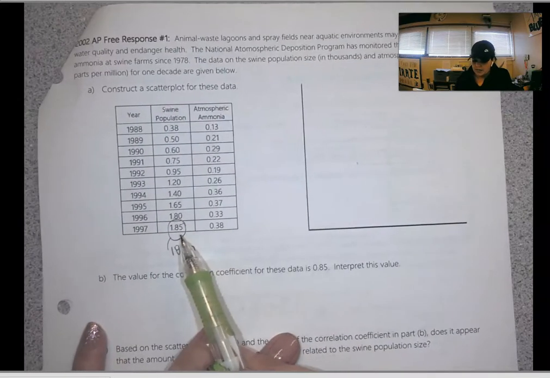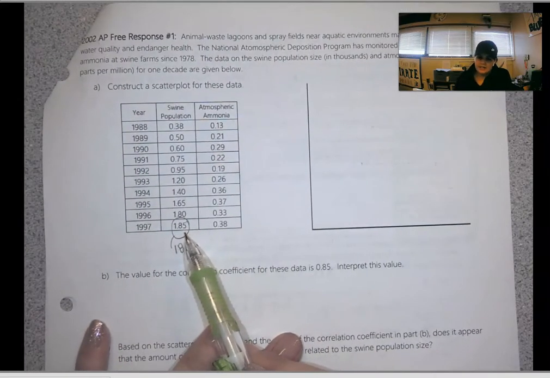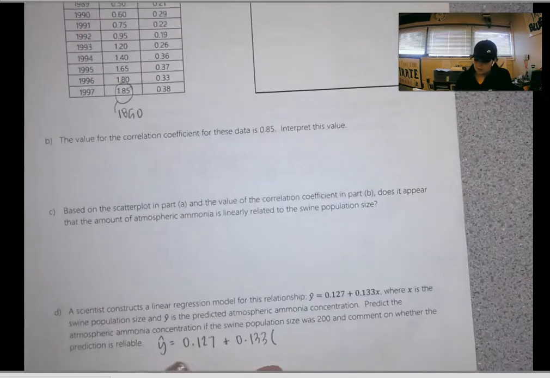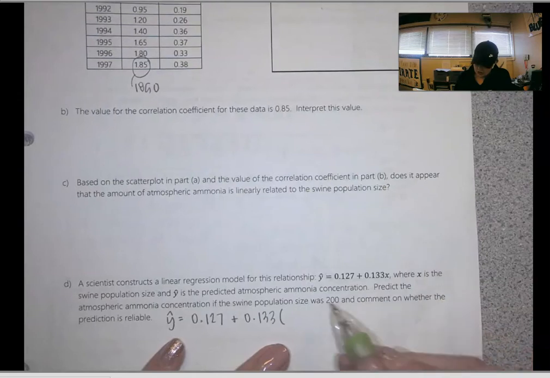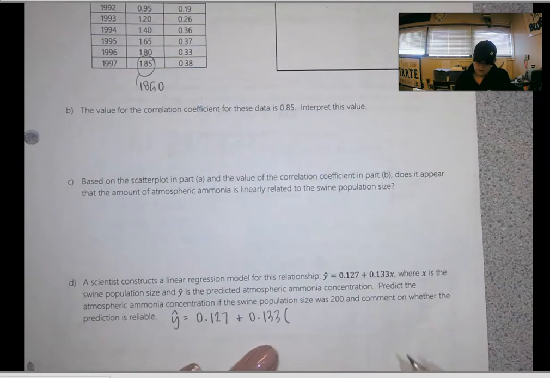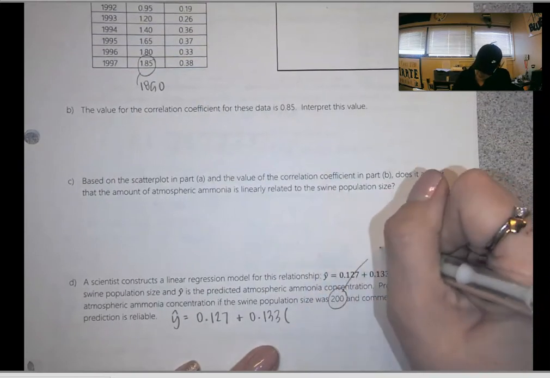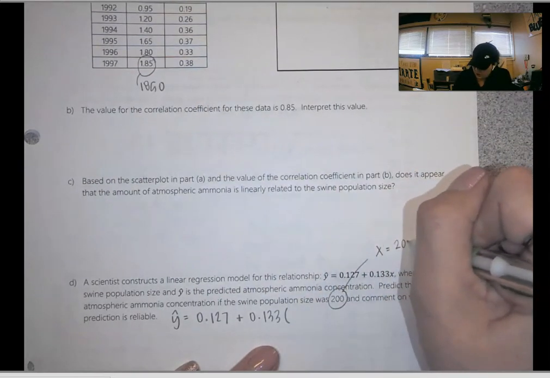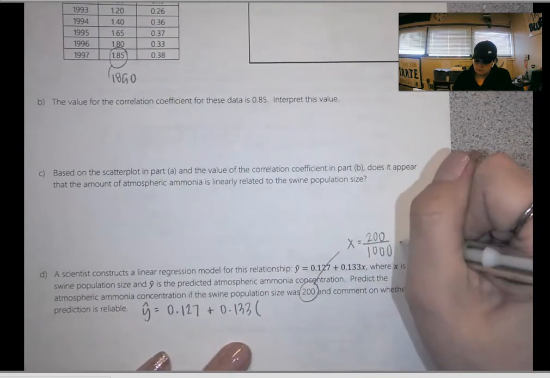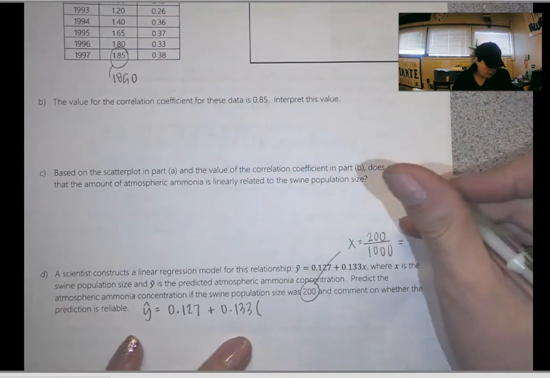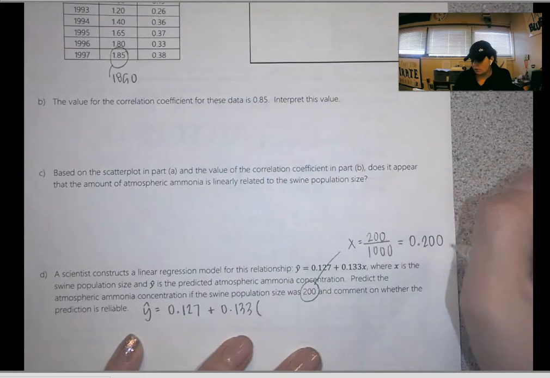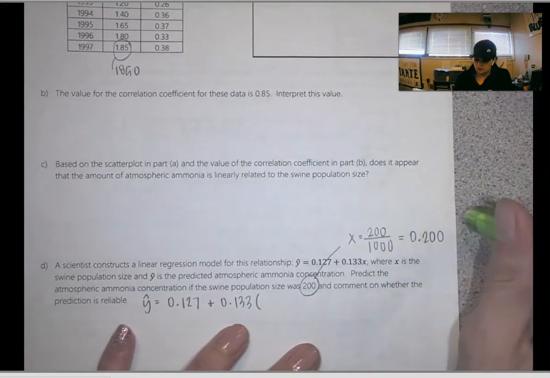Well, up here, they have it written as a decimal. They don't have it written out in long form. So we have to change 200 to the appropriate x value. This x would be 200 divided by 1,000, and that would give us 0.200.